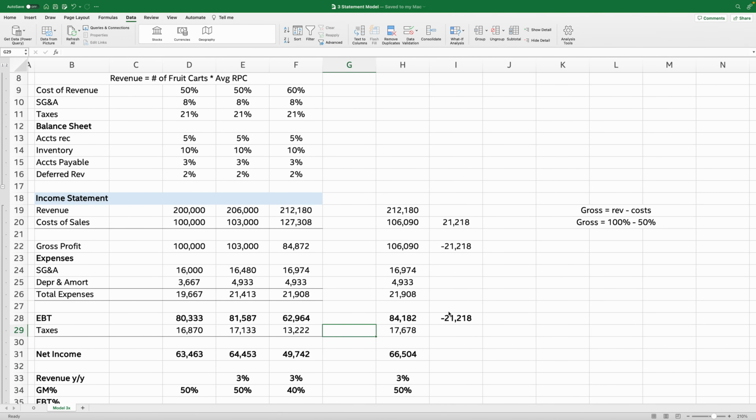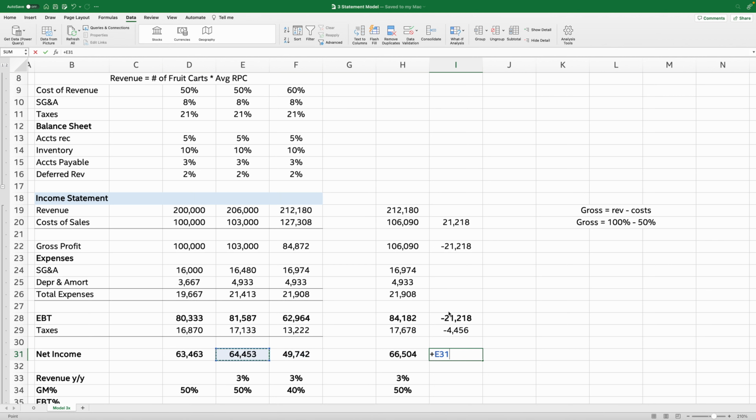Our taxes, look at this, decreased by how much? 4,456, because our tax rate is 21% of this number. So if this number is lower by 21,000, our taxes will not be lower by 21,000, they will be lower by X percent, which we've seen here.